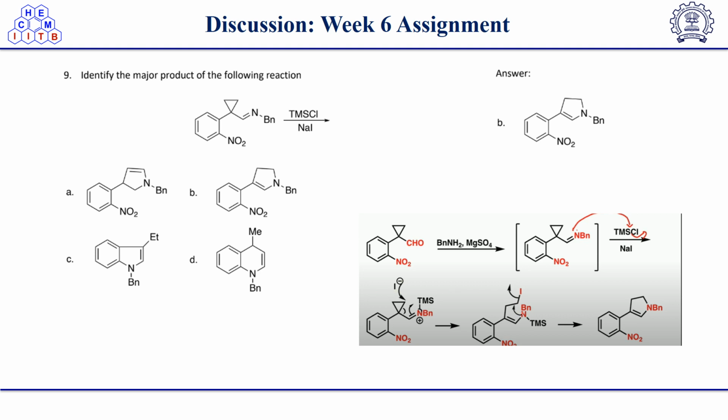Then what is happening, this nitrogen lone pair will attack at this position, and this iodine will be eliminated to get this 5 membered ring. So option B will be the major product in this case.